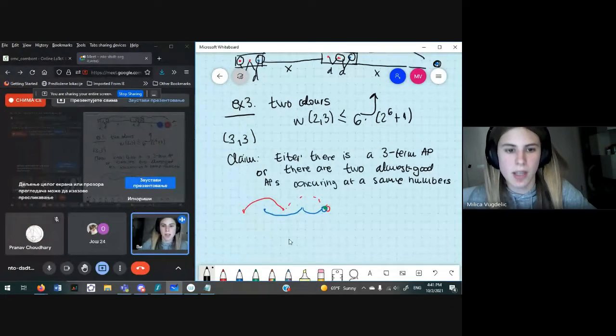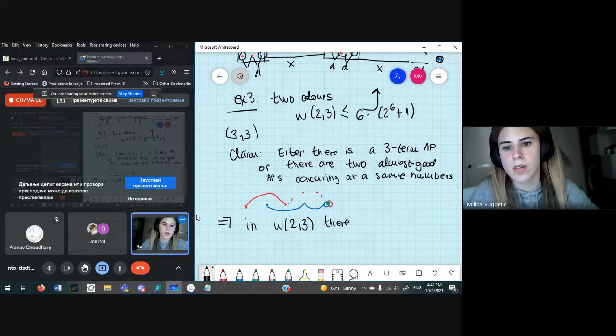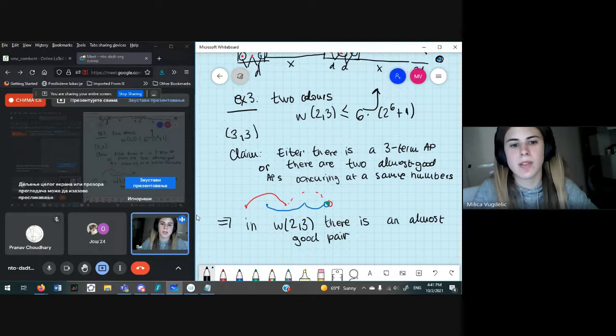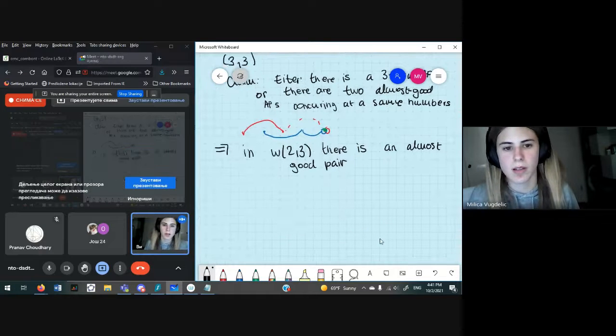What this means is that in V(3,2), there is an almost good pair. And by almost good in this new one, we mean red, red, something, blue, blue, concurring to the same thing. So we can do the same thing again.